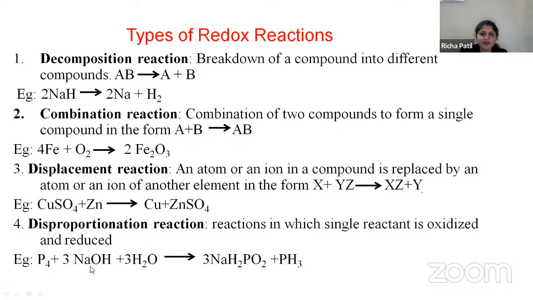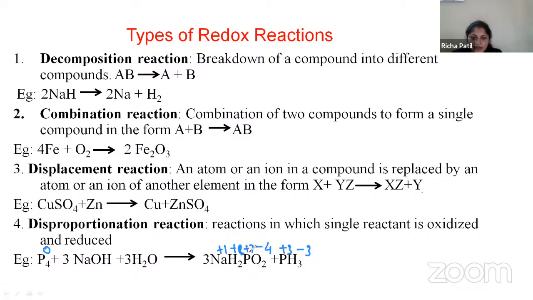If you write the oxidation state, this will be 0, and the products show different oxidation states.